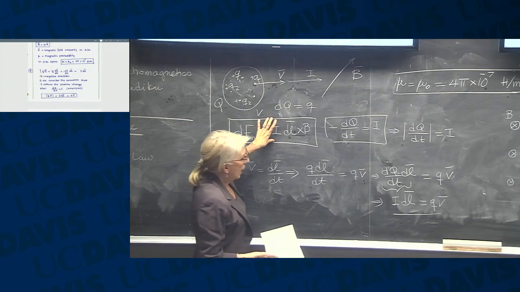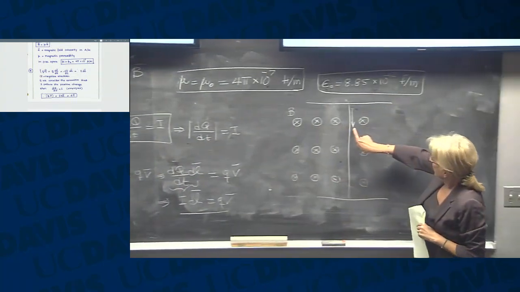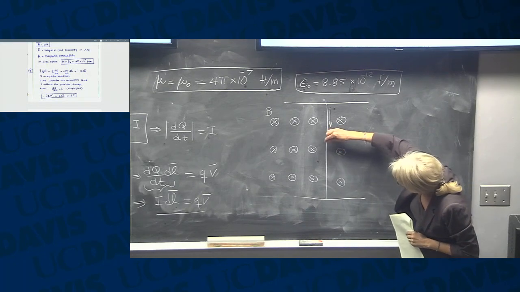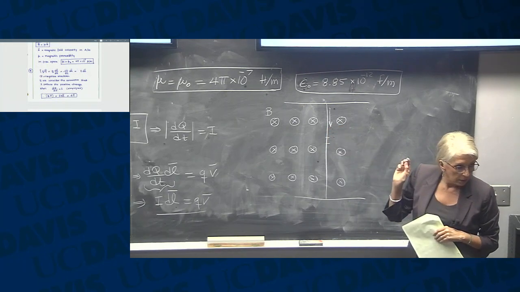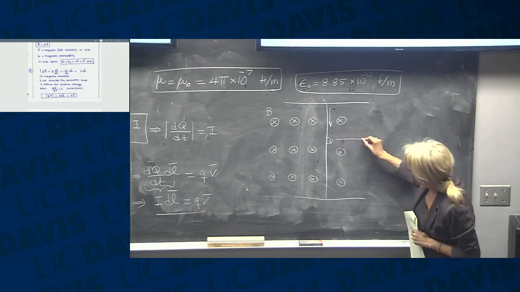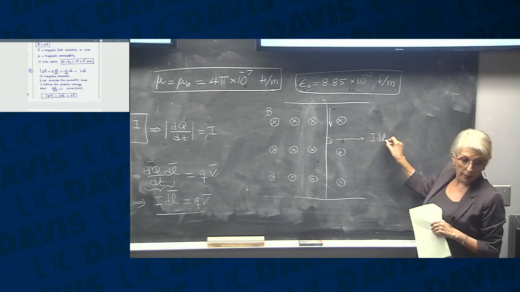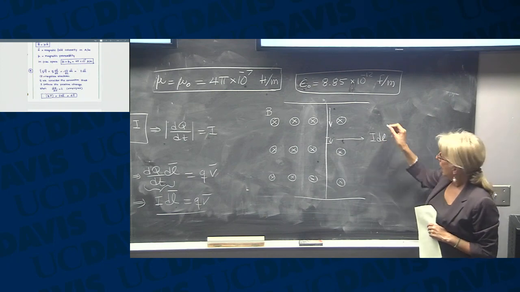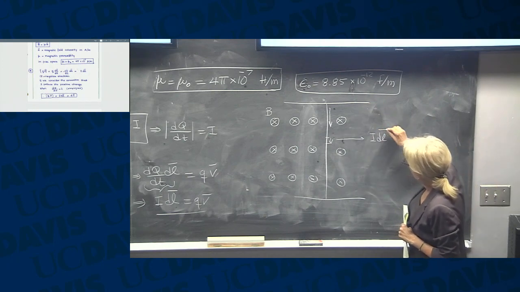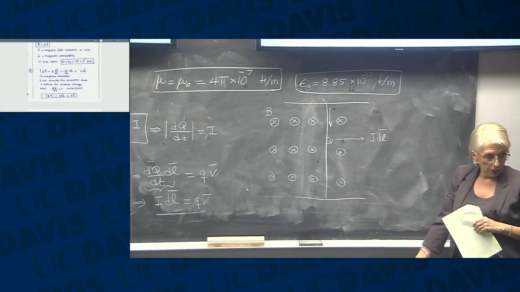Let's take this one here. That tells us that if we have this section of the current, this small section is going to be what? I dl, okay? And dl is going to be a vector because the current has a direction.